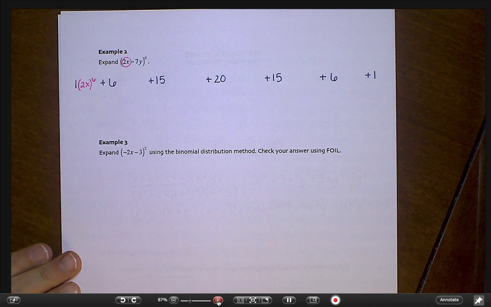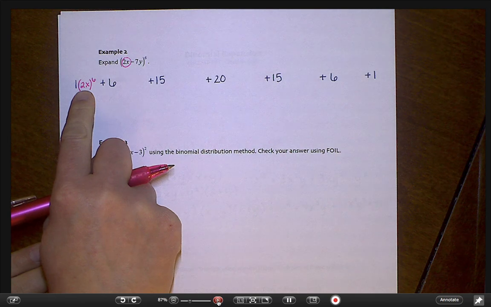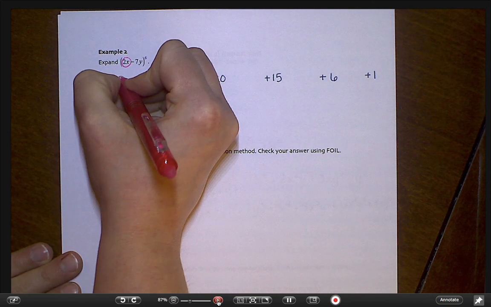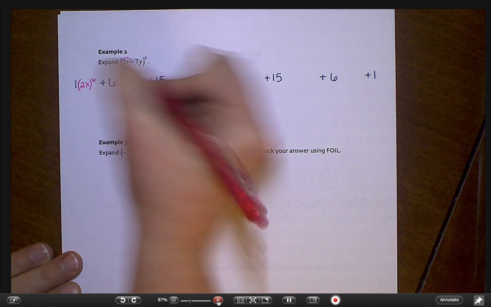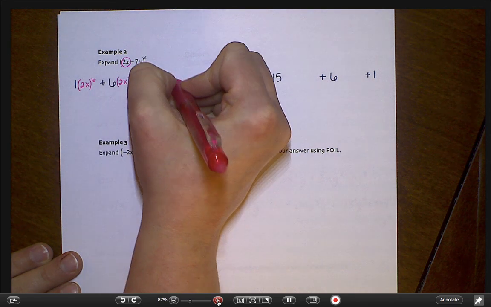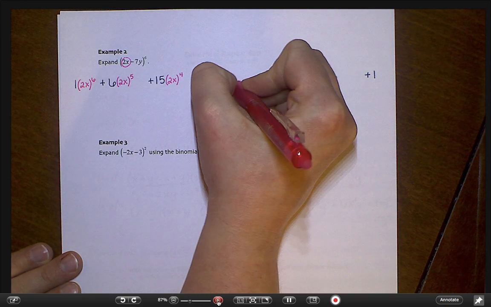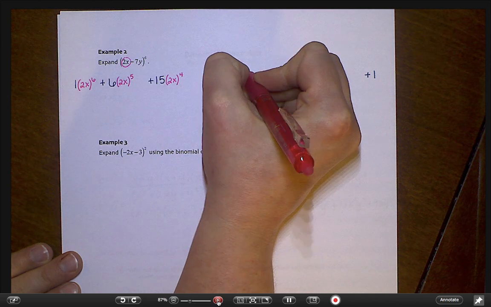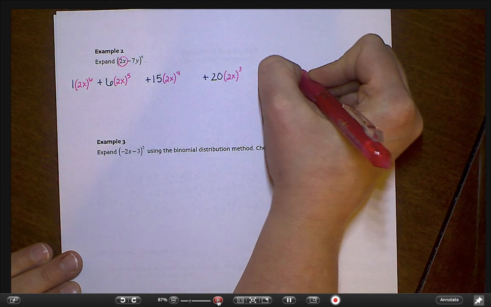So I'm going to have 2x to the 6th power. Notice how that's written, the 2x in parentheses with the 6 on the outside. And then I'm going to have 2x to the 5th power, 2x to the 4th power, 2x to the 3rd power, 2x squared.